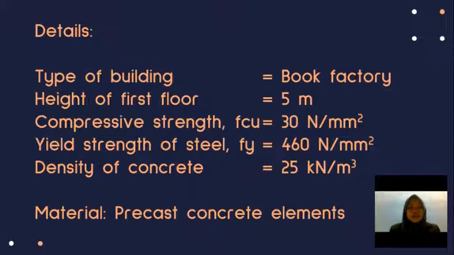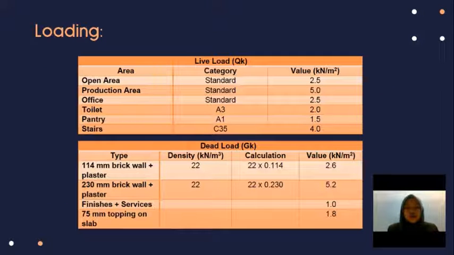The density of concrete used is 25 kN per meter cube. This is the list of loading that we use in the building. There are also standard values that were taken for the live load for open area, production area, and office area.